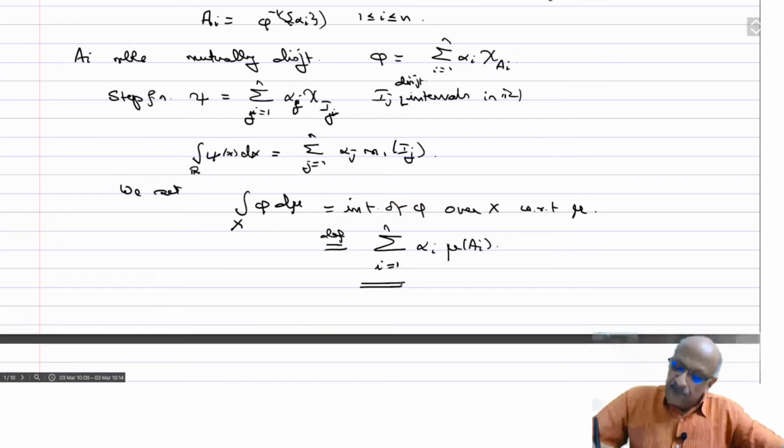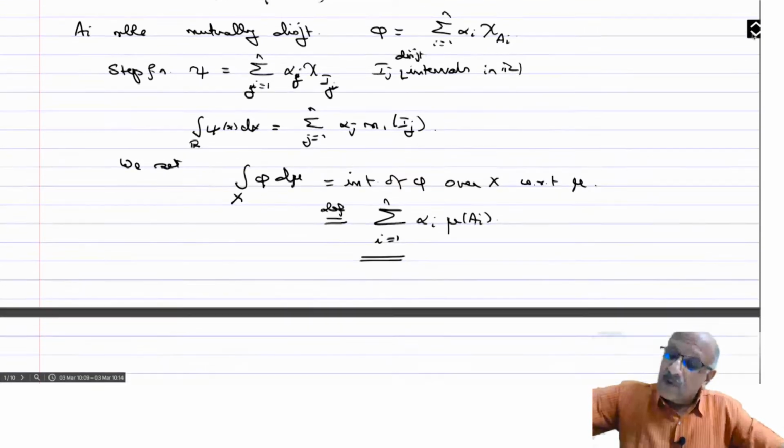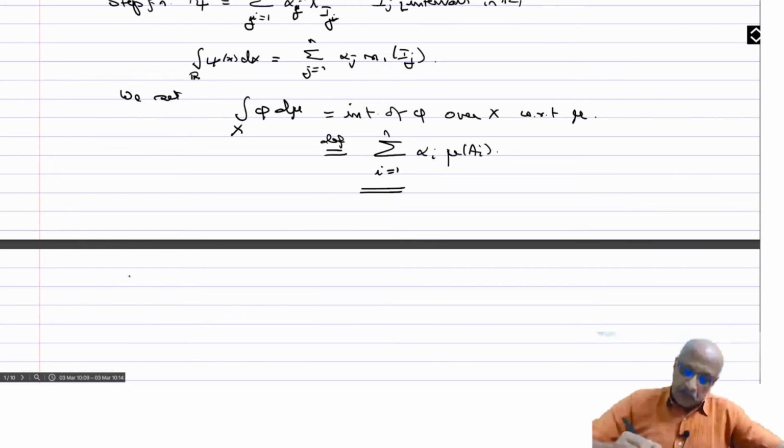Okay, now before we proceed further, we note that you can express a simple function in more than one way as a linear combination of characteristic functions.